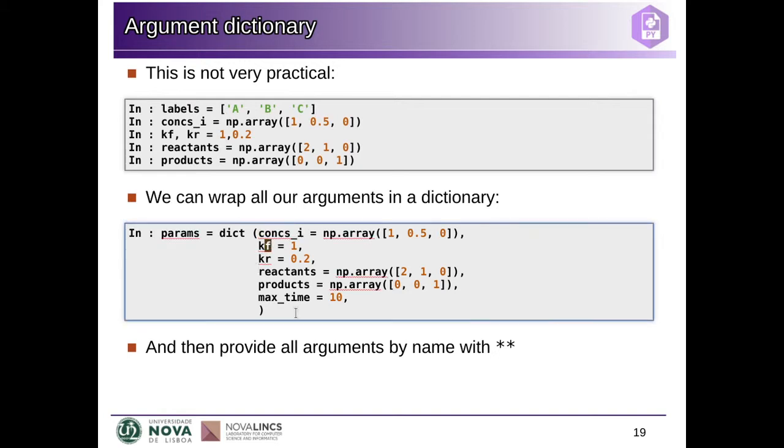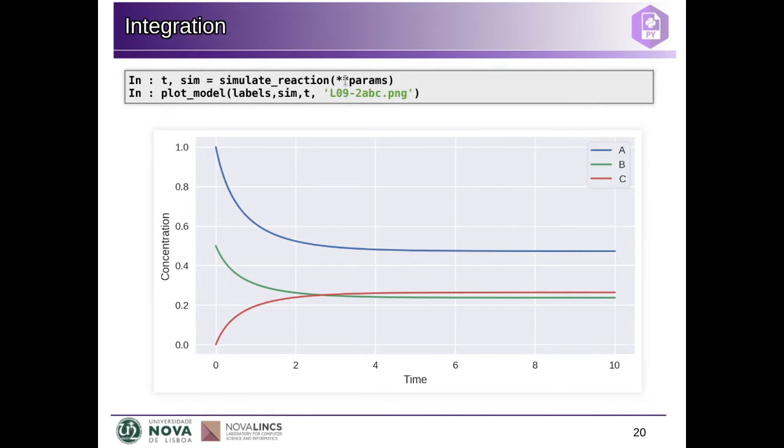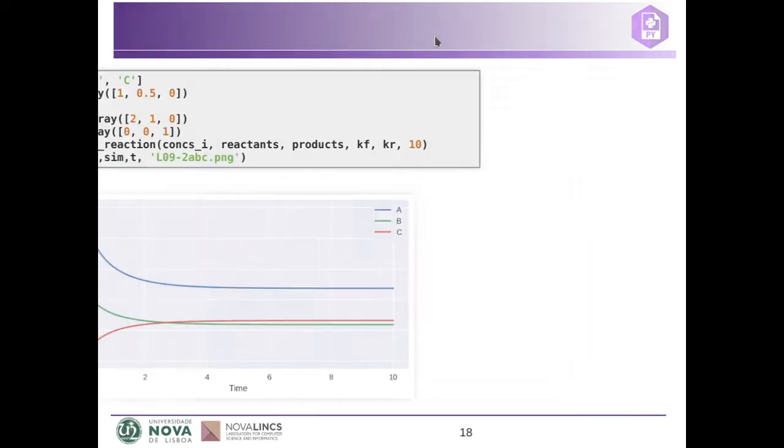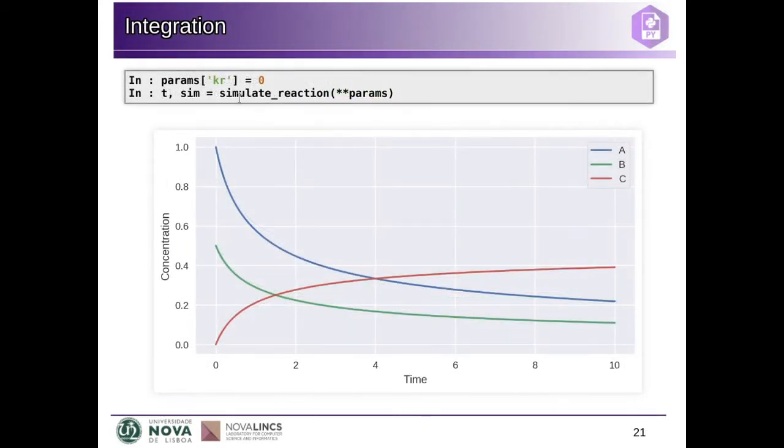So if your dictionary has as keys all the parameters you need, you just need to send the dictionary like this, and this works. So why is this useful? Because if you have lots of different parameters and just want to change one, you don't need to be doing this kind of thing all the time, or remembering if you changed one before, or in which line of code you have one or the other. You can just do something like this.